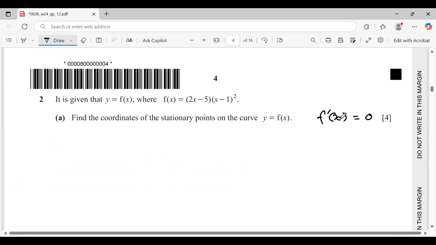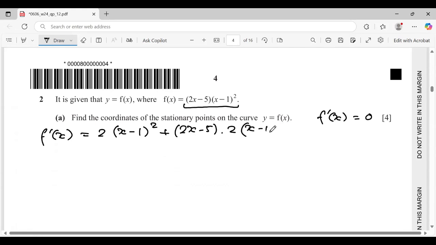So we are going to find the derivative of this function using the product rule. It becomes 2 times (x minus 1) squared, the derivative of 2x minus 5 is 2, plus the derivative of (x minus 1) squared, which is 2 times (x minus 1), times (2x minus 5).